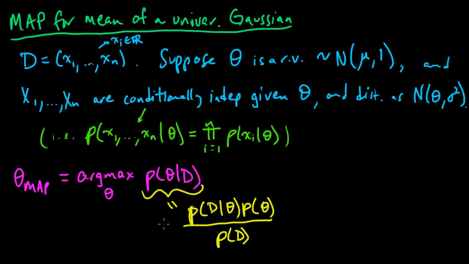And because P of D, the probability of the data, does not depend on theta, the theta which maximizes just the numerator also maximizes the whole thing. So we can rewrite this argmax as the argmax of just the numerator part here.